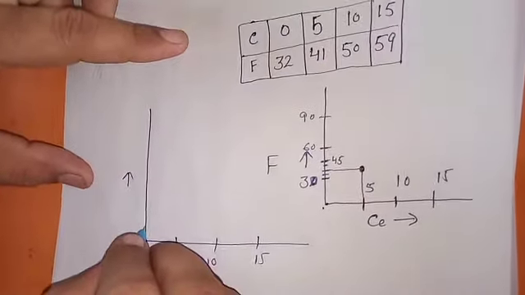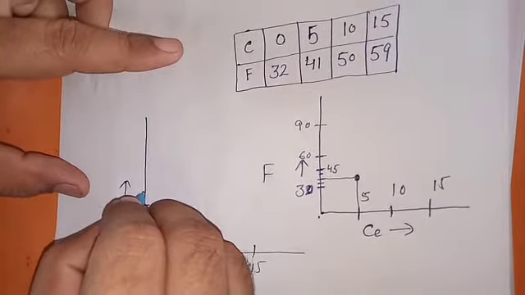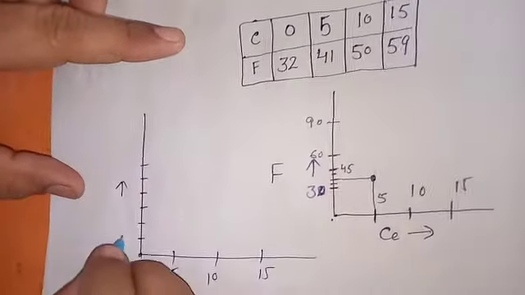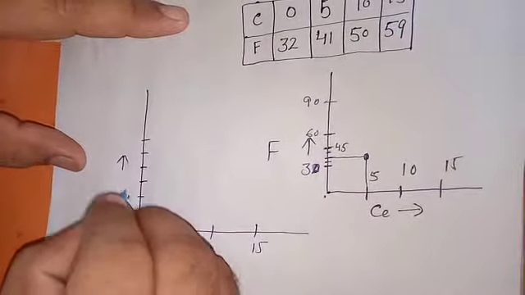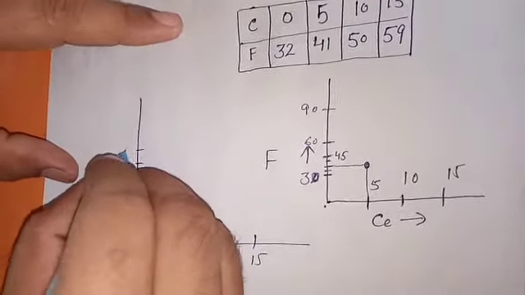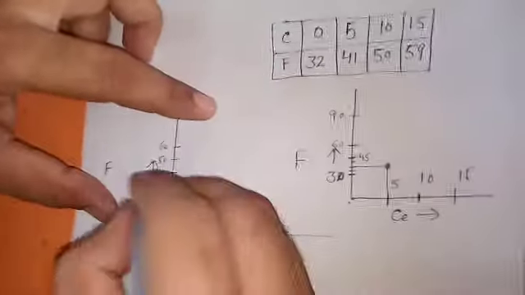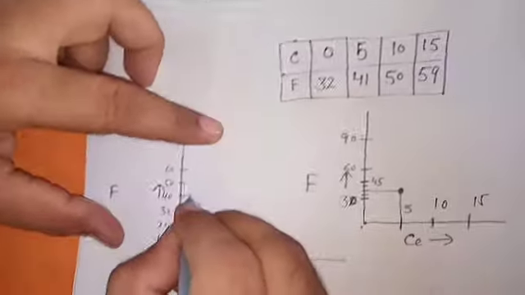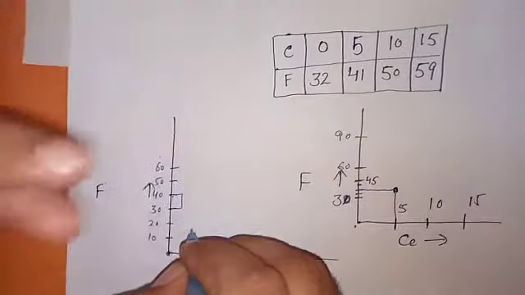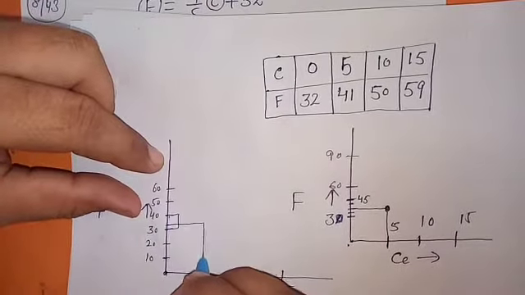You can take this 10, 20, 30, 40, 50, 60. So 32 where? In between this. Divide this part also into how many equal parts? 10 equal parts, and 2 you can take like this. This is your 32.